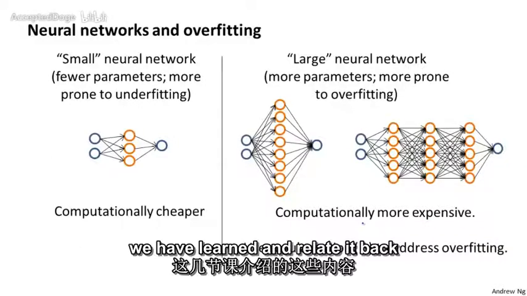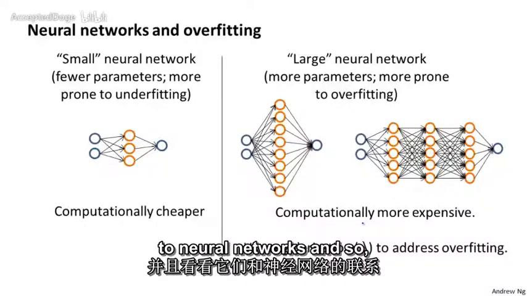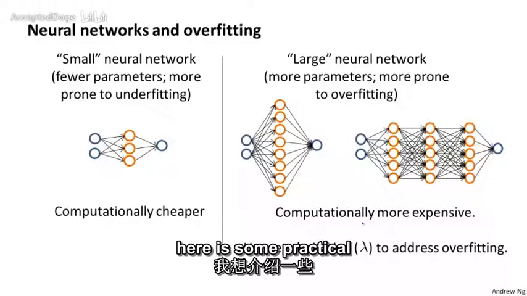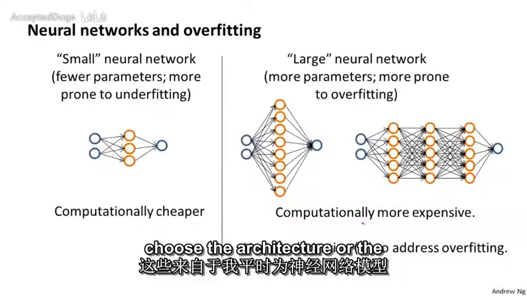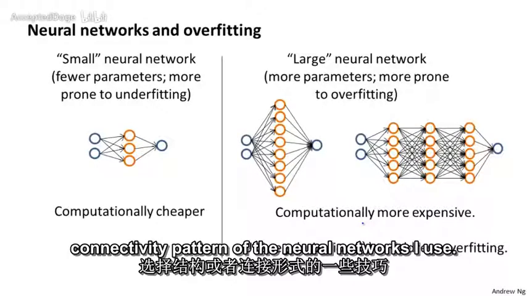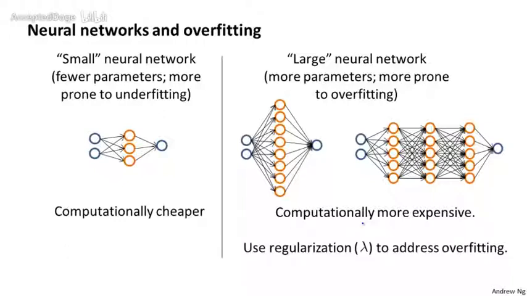Finally, let's take everything we've learned and relate it back to neural networks. And here I just want to give some practical advice for how I usually choose the architecture or the connectivity pattern of the neural networks I use.